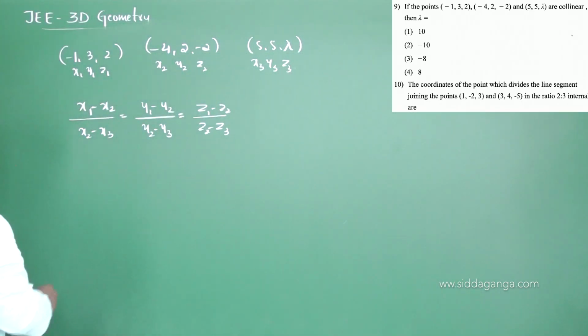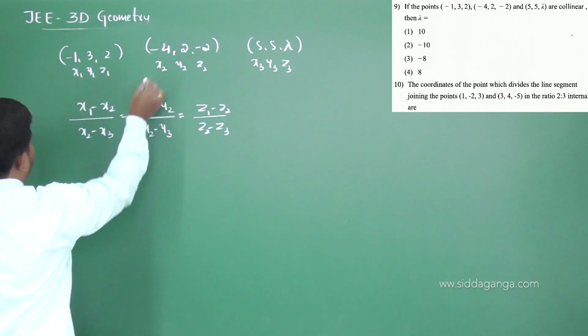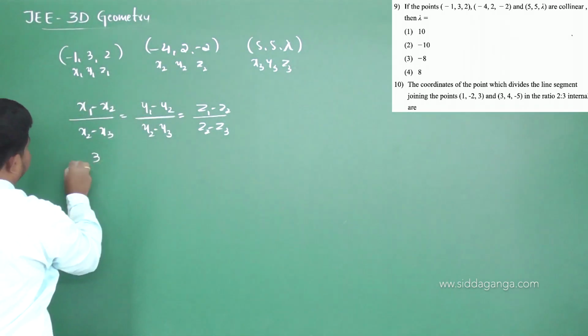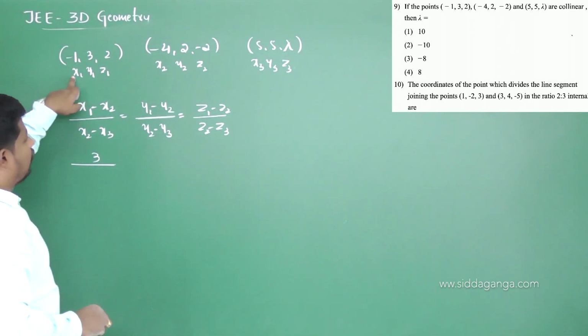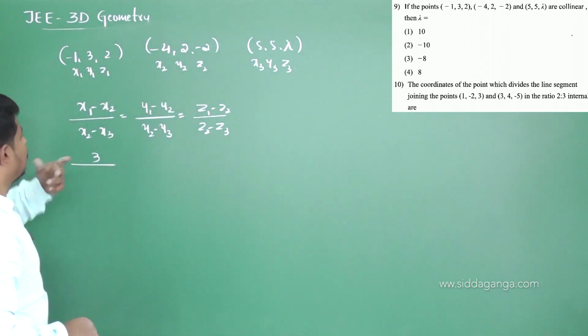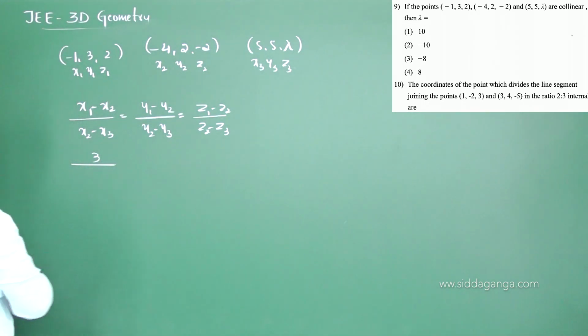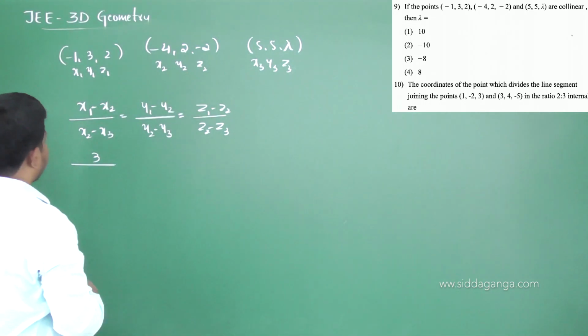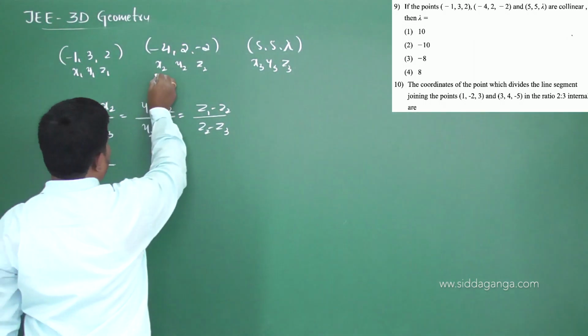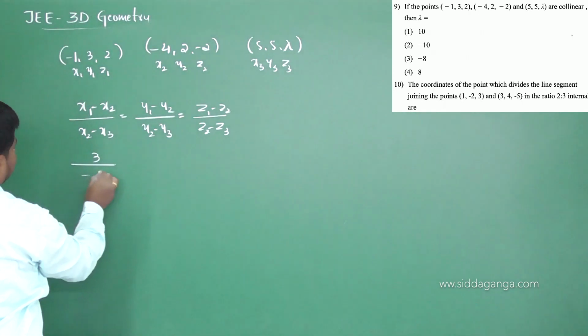x1 minus x2, that means -1 minus of -4, that is -1 + 4, which is 3. x2 minus x3 is -4 minus 5, that's -9.